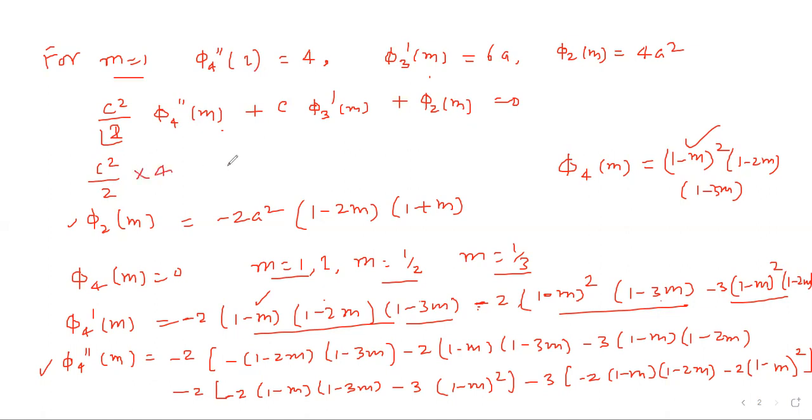So into 4 plus c times phi 3 dash m, which is 6a, plus phi 2m. Phi 2m, when m equal to 1, we will get from here as 4a square. So here we write 4a square equal to 0. Now we simplify.